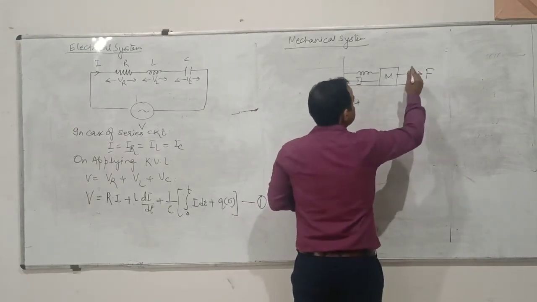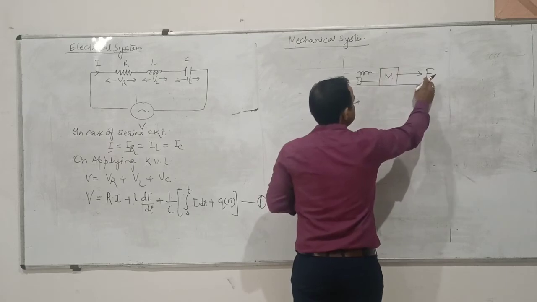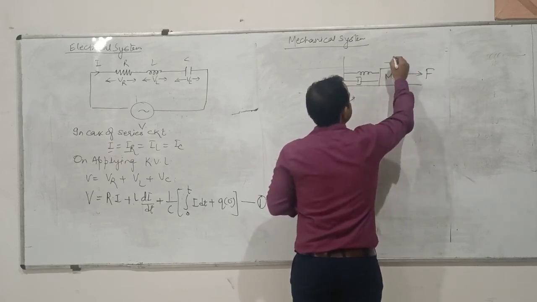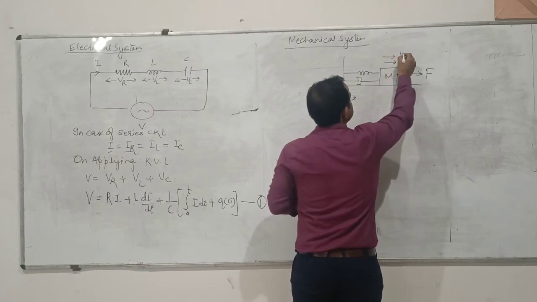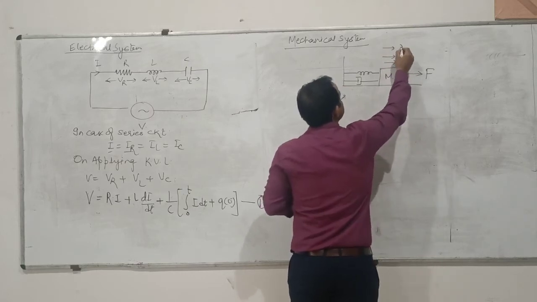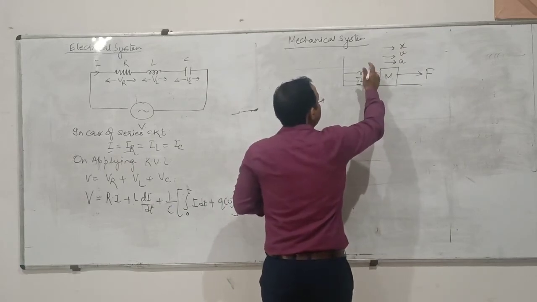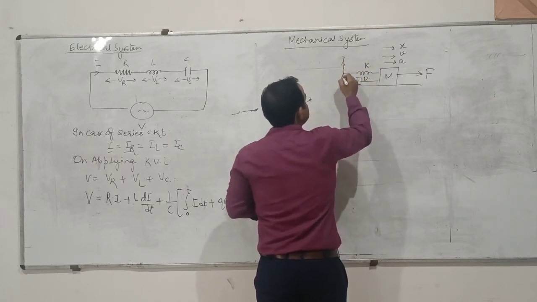After applying the force F, the acceleration of this particular mass will be A, the velocity will be V, and the displacement should be X, whereas the spring coefficient is K and damping coefficient is B.